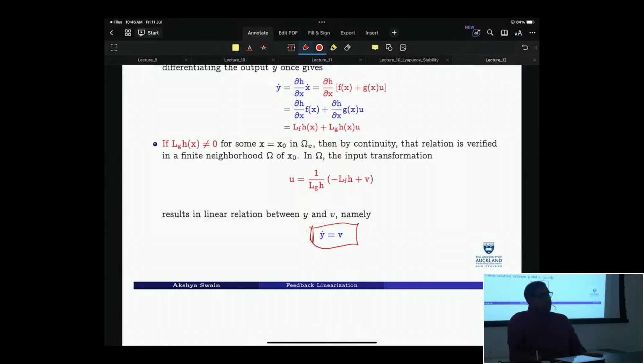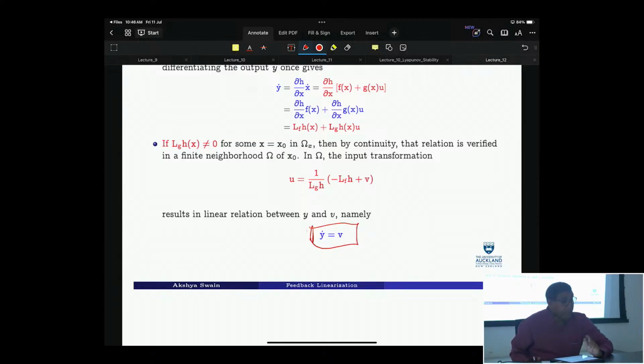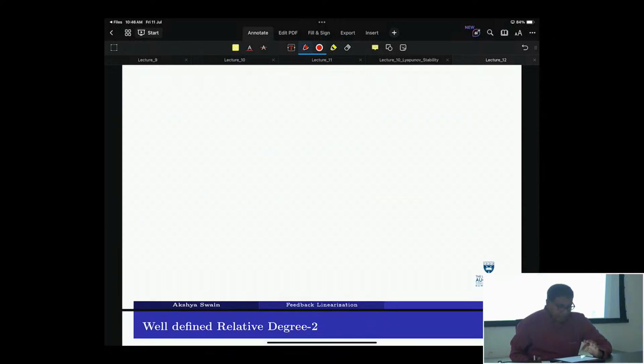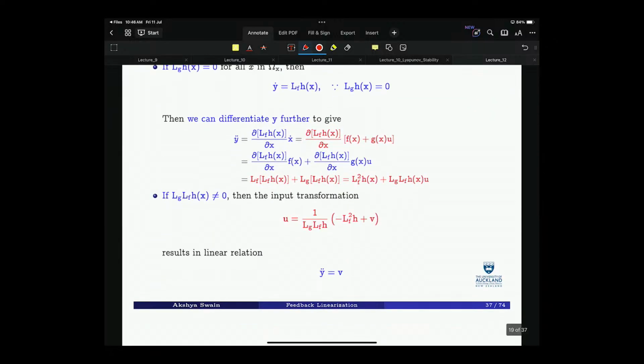Right? If LGS is not equal to 0, then you can select this input and it will give you a linear relationship between the output and input, right? And similarly, if it is 0, further differentiate. We'll see to that now.